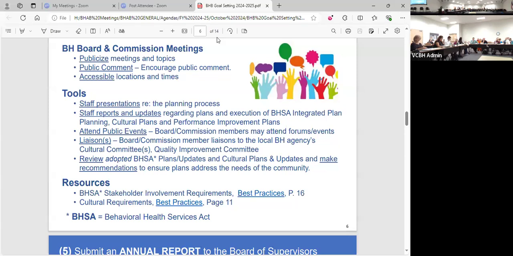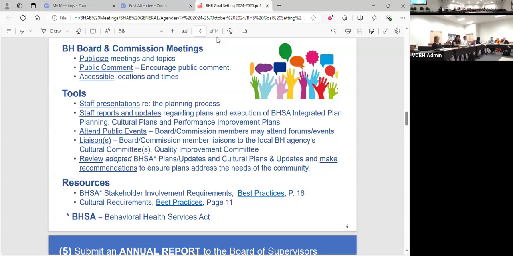Okay, and within that, looking for ways to ensure that the plans address the community. So what you've heard, hopefully you're looking at that adopted plan thinking, is this what we've heard? What kind of recommendations should we be making to staff? All right, so we have some resources here in the best practices handbook, detailing all those 29 different stakeholder groups and what the staff's role is, what they're required to do.